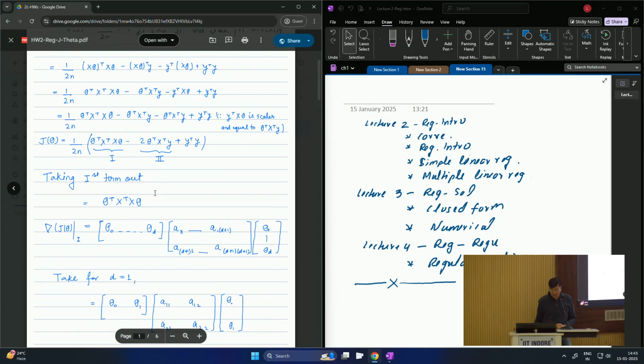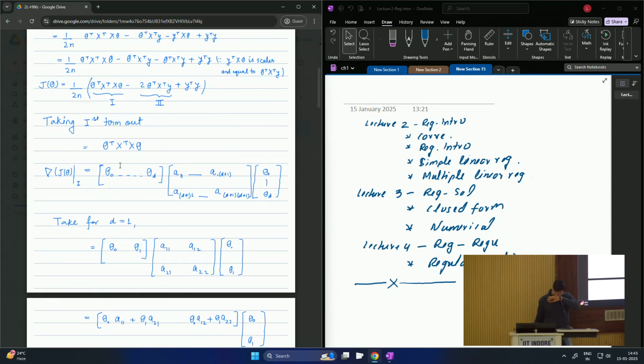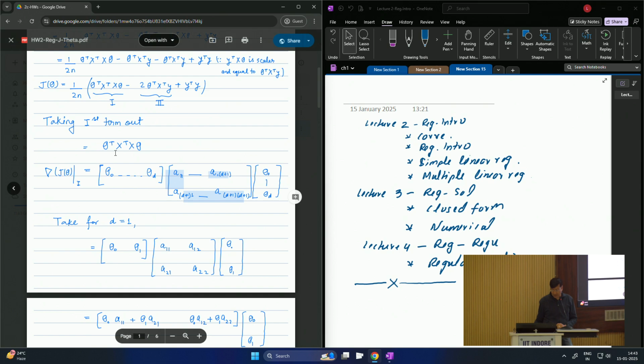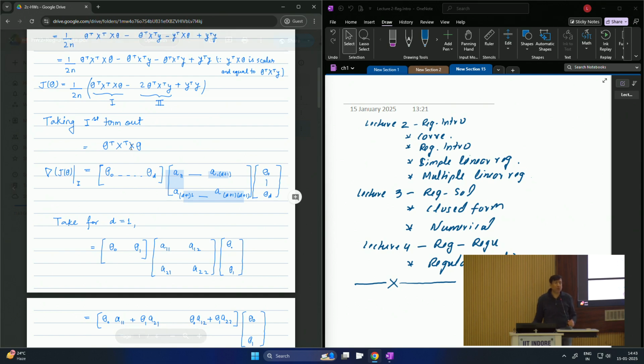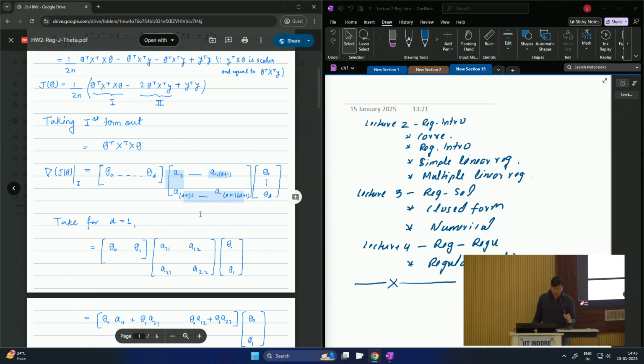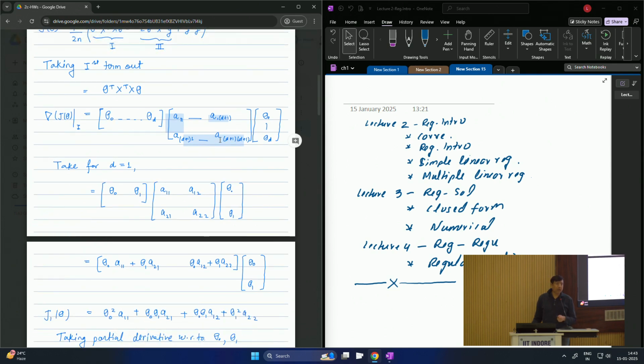You can see the easiest way, of course, in this case, is that initially we have written it in a general form. You've got the thetas, you've got the a's. I mean this X transpose X I'm referring to as another matrix A. And then I'm writing theta naught to theta d. So instead of working in a general sense, which may be difficult to prove, we do it in a 2 cross 2 matrix.